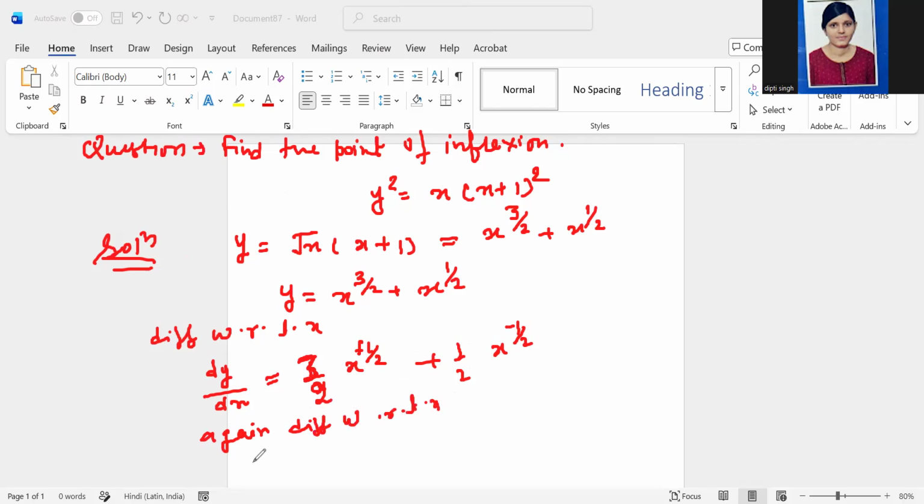What we get here is d2y by dx square equals 3 by 4 x to the power minus half minus 1 by 4 x to the power minus 3 by 2.